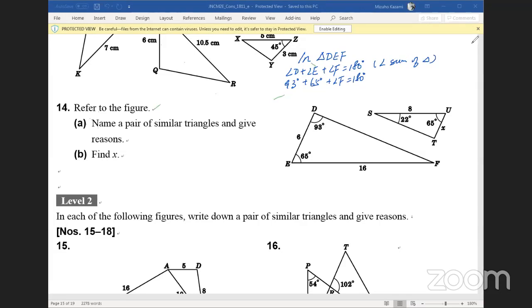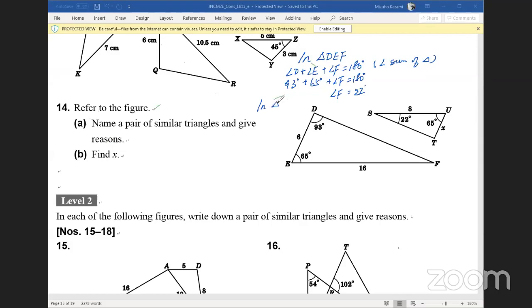Then you calculate the angle F, it's 22 degrees. And then you do the same for the other triangle.